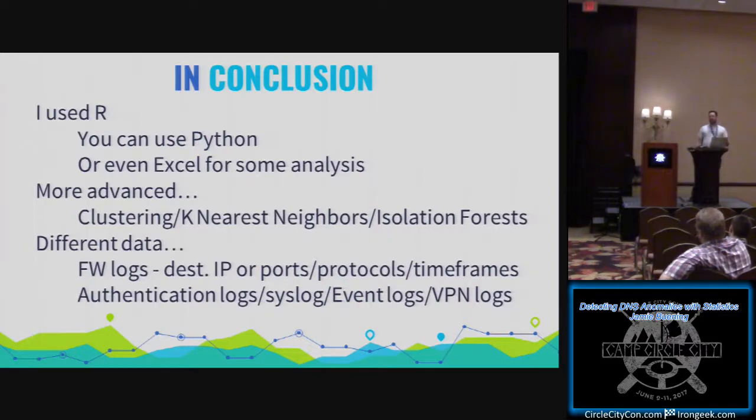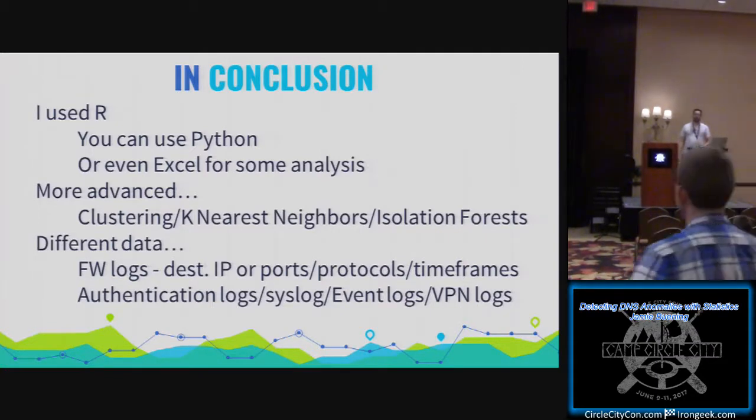From here, the examples I did weren't particularly advanced as far as clustering, but those functions exist both in Python and R, like k-nearest neighbor, so trying to use statistical methods to group your observations into similarities. And then isolation forest is interesting as well.